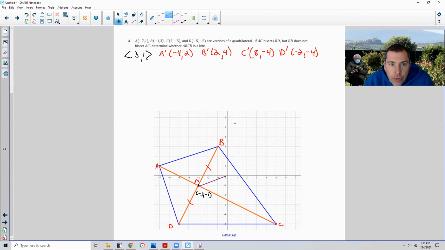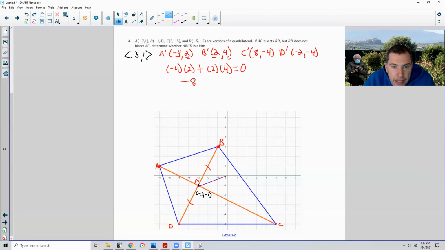So I want to know if AC is perpendicular to BD. All right. So I'm going to use the endpoint A and the endpoint B, the A prime and the B prime. So if this is true, then -4 times 2, my X values, products, plus my Y values, products, have to equal 0.